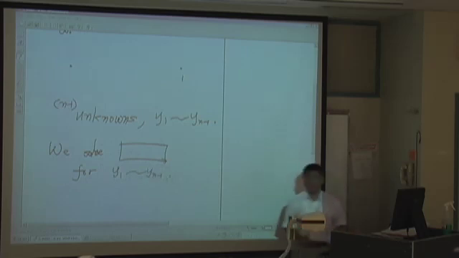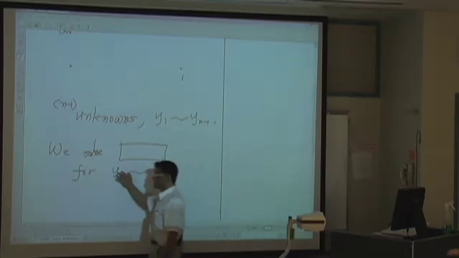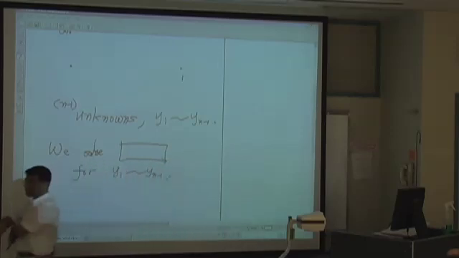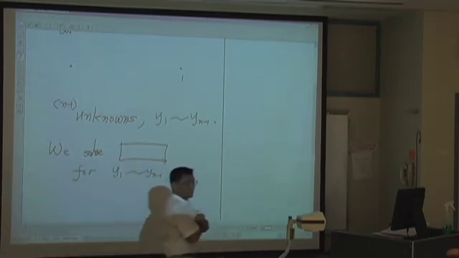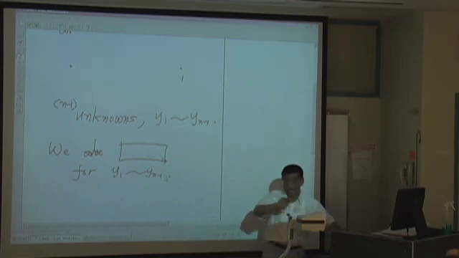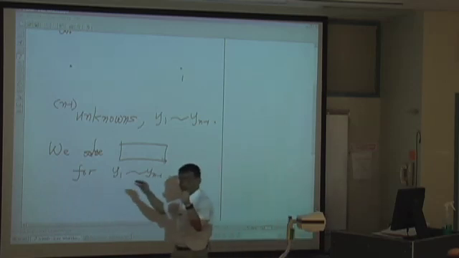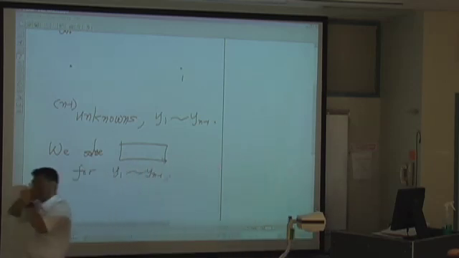So this is the idea. We solve something for these unknowns. So this is the finite difference method. Idea-wise, it's very straightforward. We don't know the height, so heights are unknowns. Then we solve something for these unknown heights.